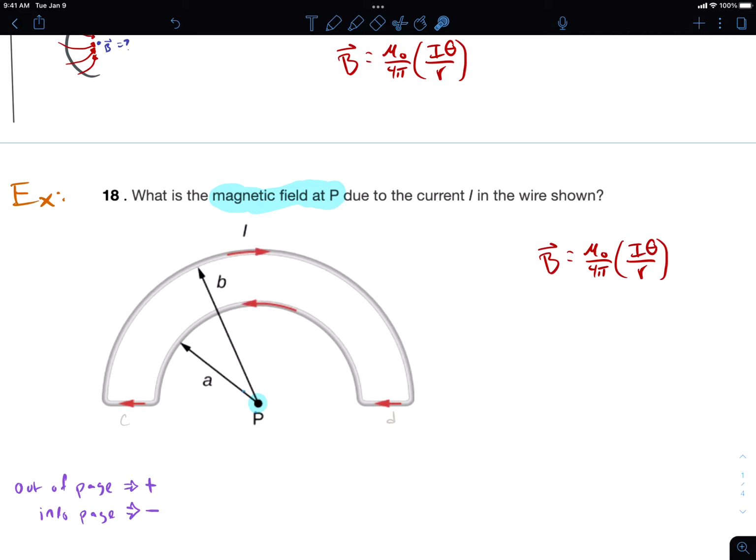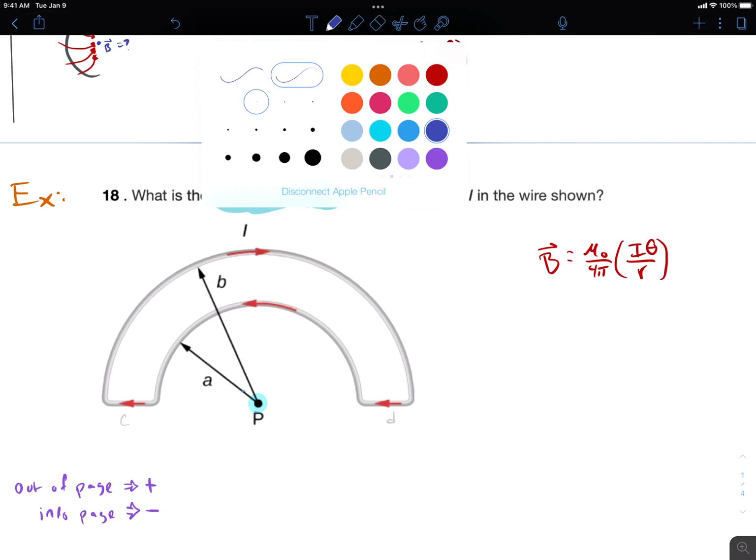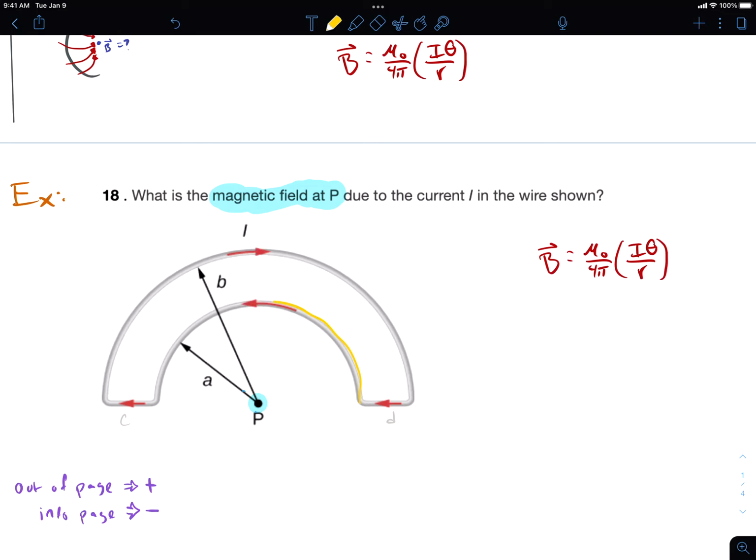Outline. But if we take just pieces of it, then what you'll see is that this part right here is circular, and this part right here is circular, with P being the center of those circles.